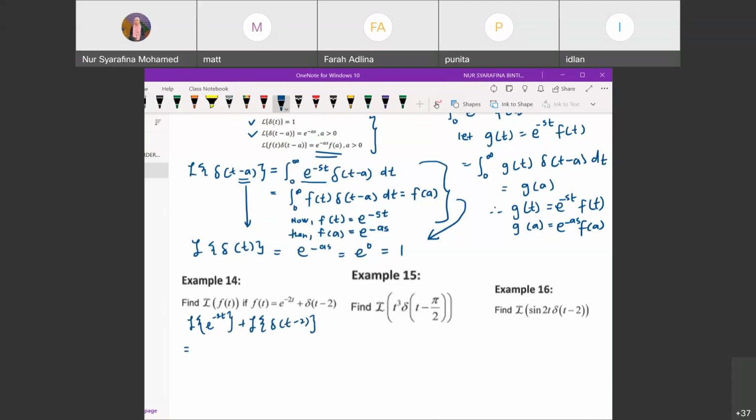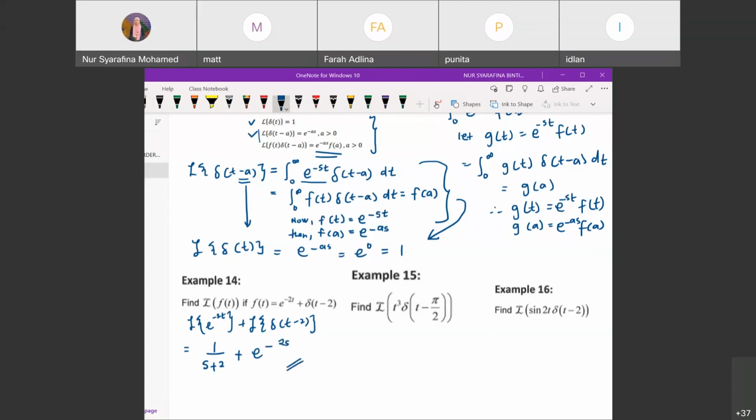So here you should have what? By looking at the table of transformation, e to the minus 2t will have 1 over s plus 2. And the Dirac delta function δ(t minus a), so we have here plus e to the negative 2s. That's it.